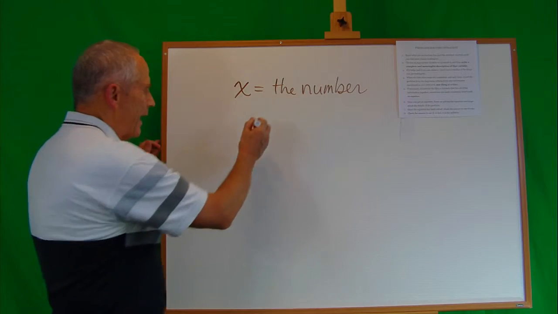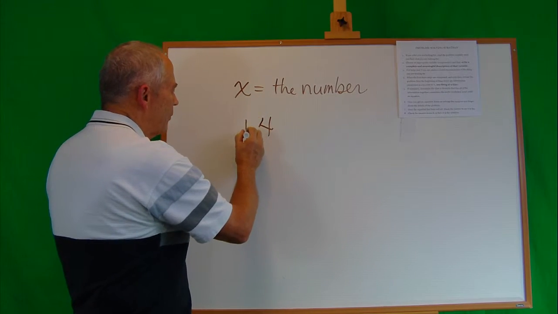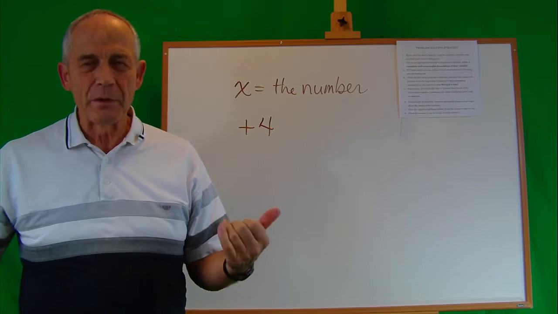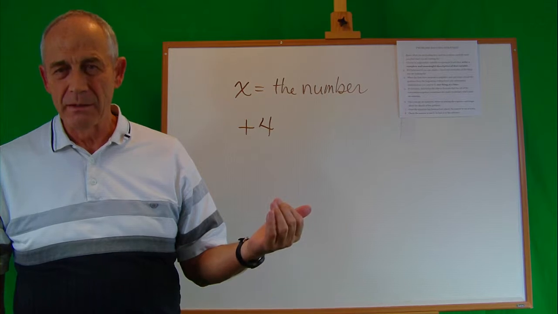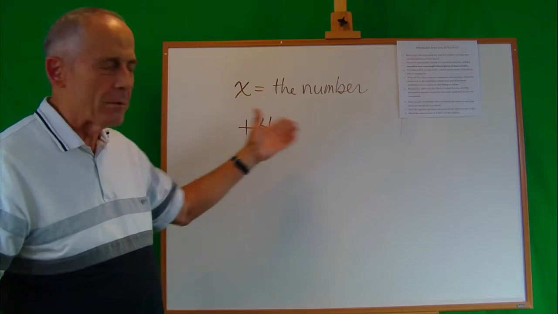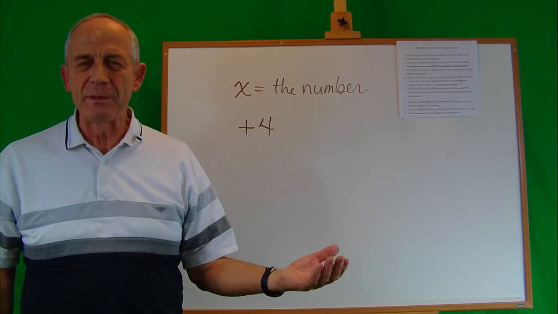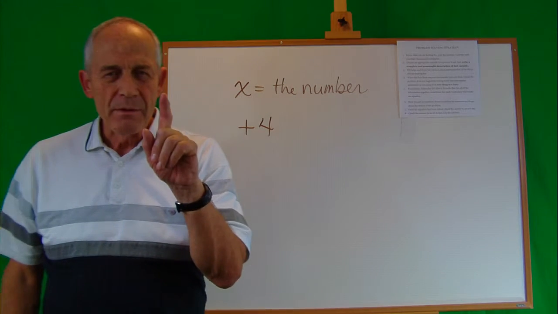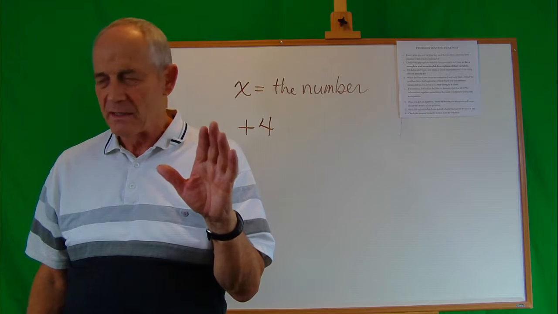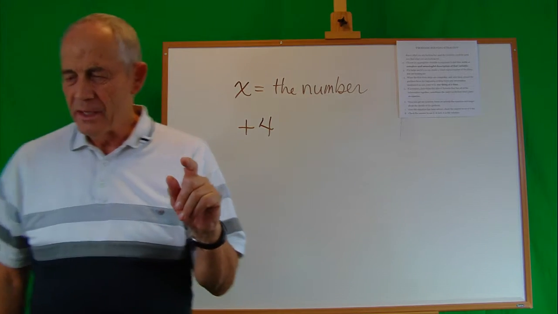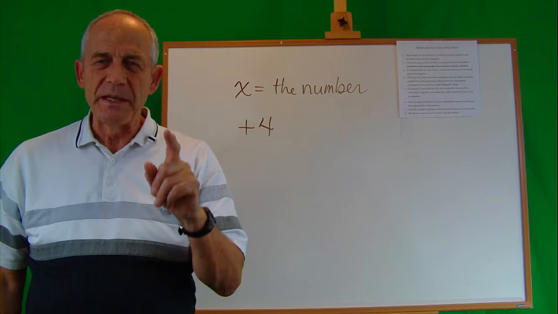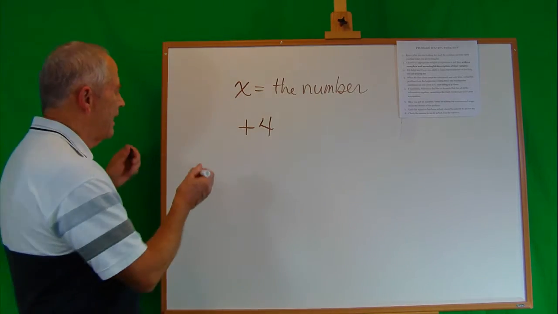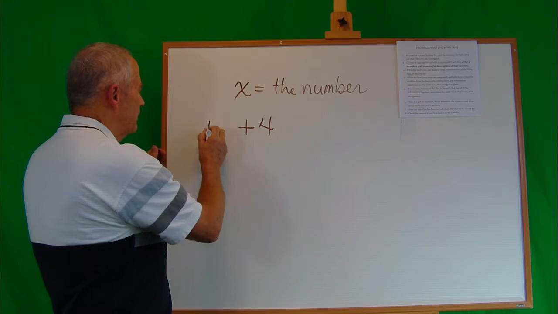But when I do that, I want to do it this way. That tells me that the 4 is added to something. If I put 4 plus, then something is going to be added to the 4. So that's very important that you think carefully about what it says. Okay, now 4 is going to be added to the sum. So again, I've got a sum here.